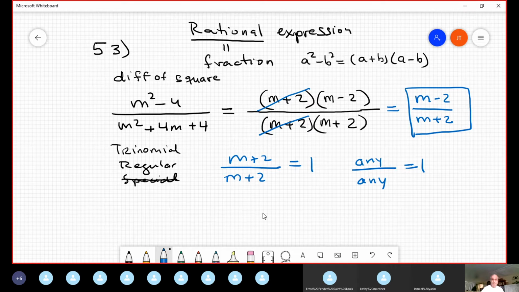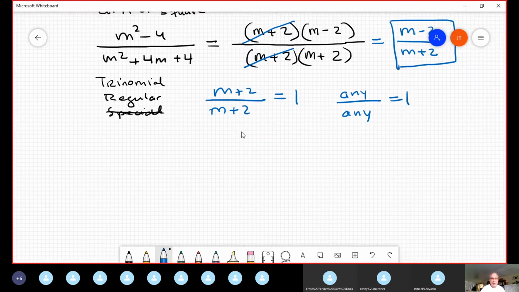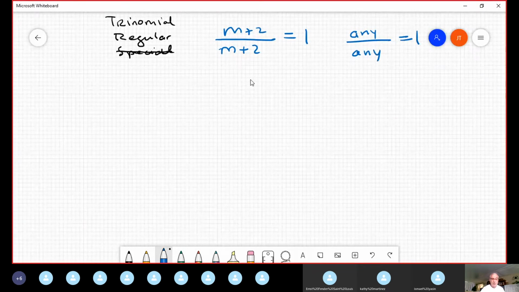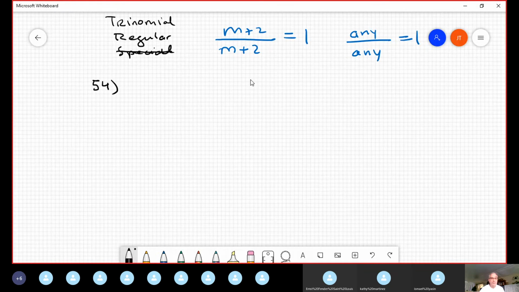Let's practice. I bring several examples. Suppose 54 has 3x plus 2 divided by 15x squared plus 22x plus 8.